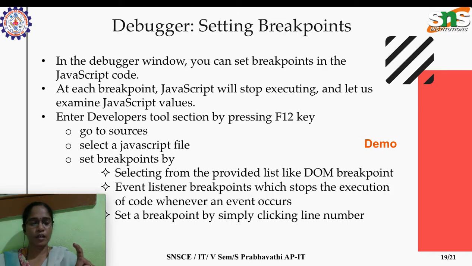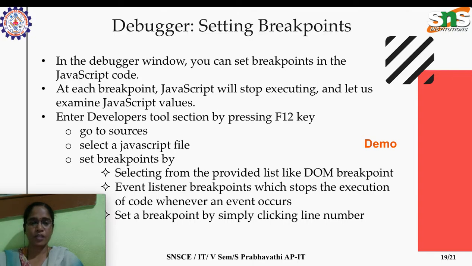Out of 200 lines, we could execute the first 25 lines and check whether there is an error or not. If there is no error in these first 25 lines, then give a breakpoint at line number 50. So up to line number 50 the JavaScript code will be executed, not all 200 lines. In this way we can easily handle the errors.